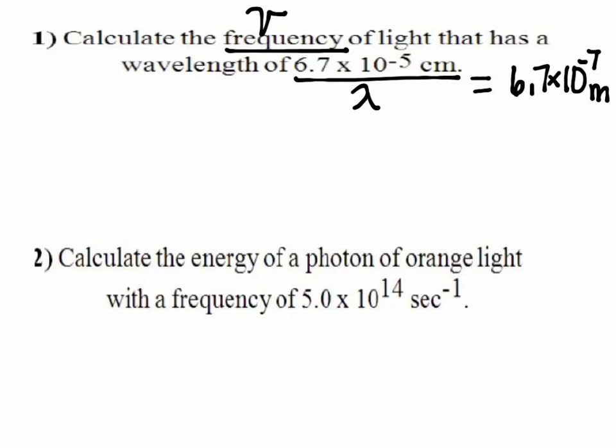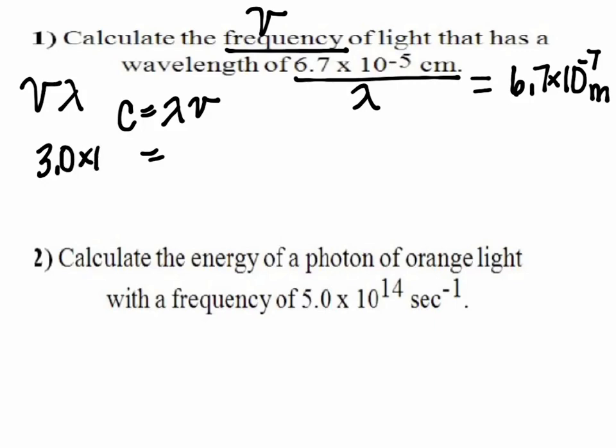So that's our lambda. We have several equations we can use, but the one that has frequency and lambda in it is our speed of light equation. So c is equal to lambda times nu. We know that c is 3.0 times 10 to the 8th meters per second. Lambda is 6.7 times 10 to the negative 7th meters.